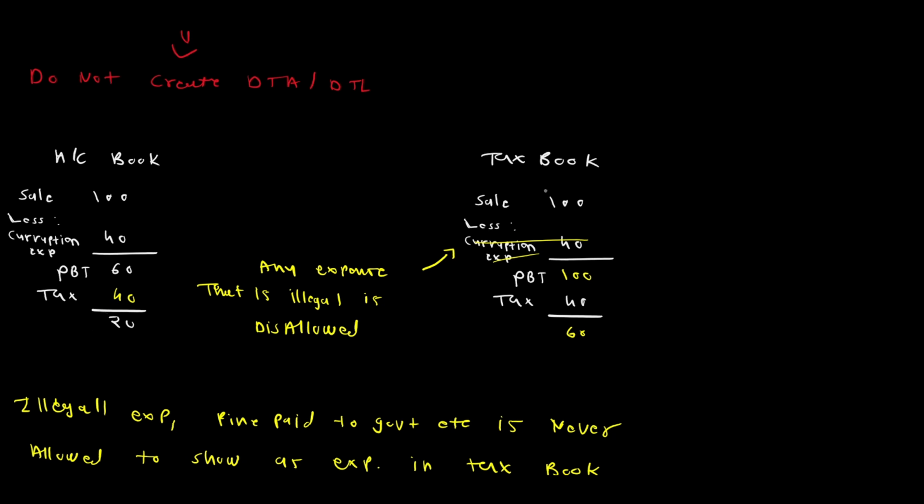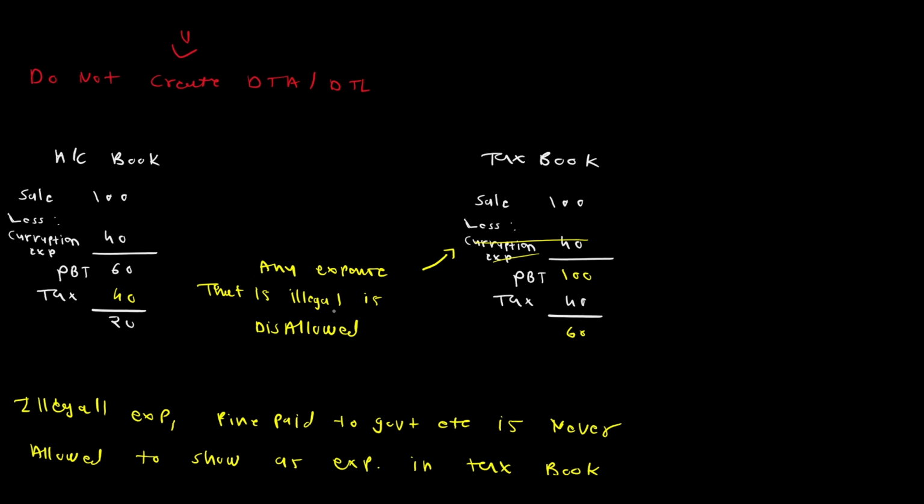When the tax person goes to show it as a corruption expense, the tax authority says no, you can't show an illegal expense in the tax books.